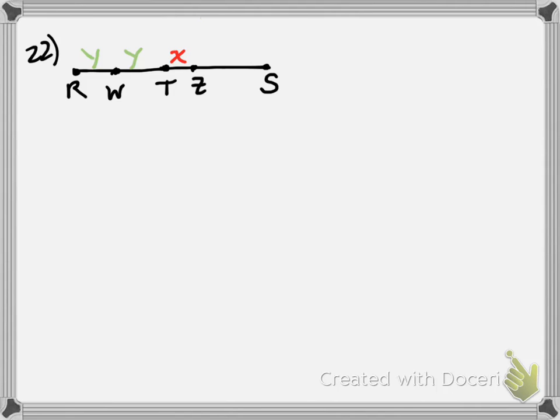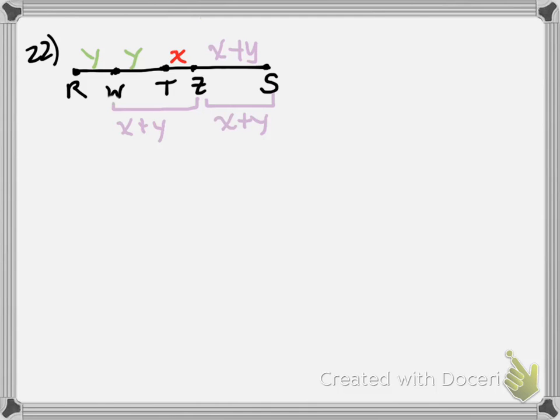I was thinking about T. Let's look at it from this perspective. So this segment, oops, let me get a color here. This segment and this segment are going to be the same. So if this segment is x plus y, doesn't it make sense that this guy would also be x plus y?